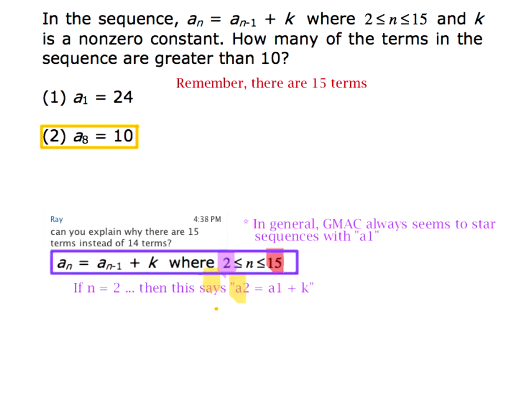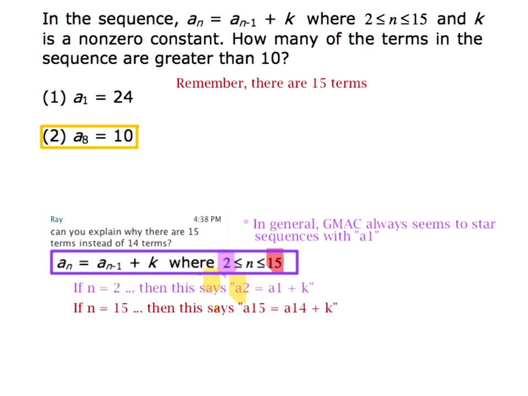Just from what is in this purple box, you already know that there are 15 terms. It has nothing to do with what they tell you about A1 or A8. You just look at the lowest and highest ends and see what you need for those to be meaningful, right? If you have n is 2, then you need an A2 and an A1. And if you have n is 15, which is the top value, then this says A15 is A14 plus k.